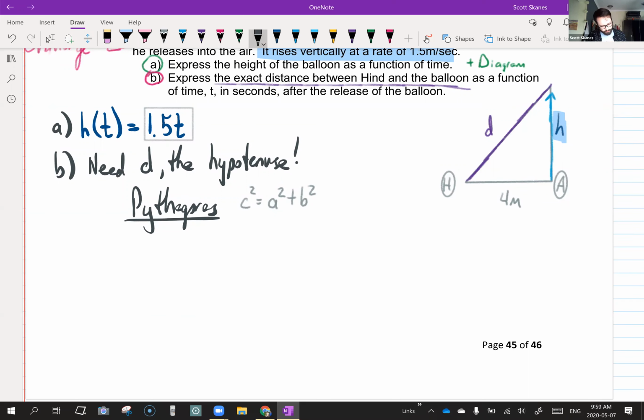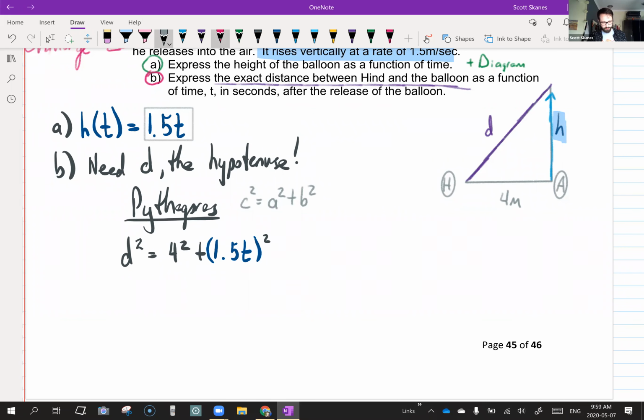So D squared is A squared plus B squared. Well, that's 4 squared plus (1.5 t) squared. I'll make that clearer on our triangle.